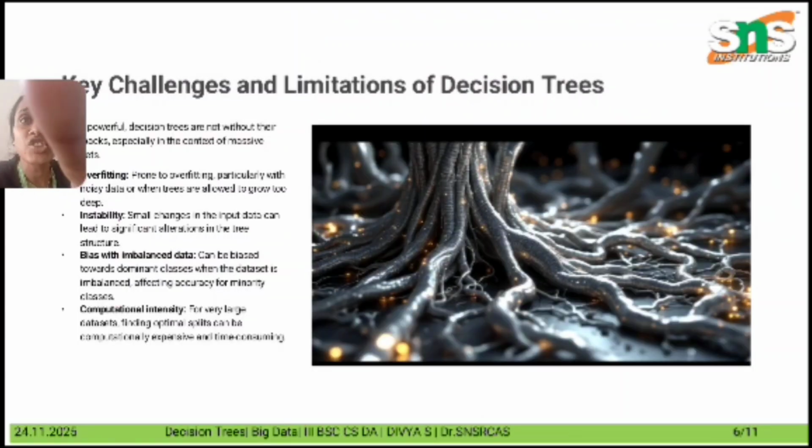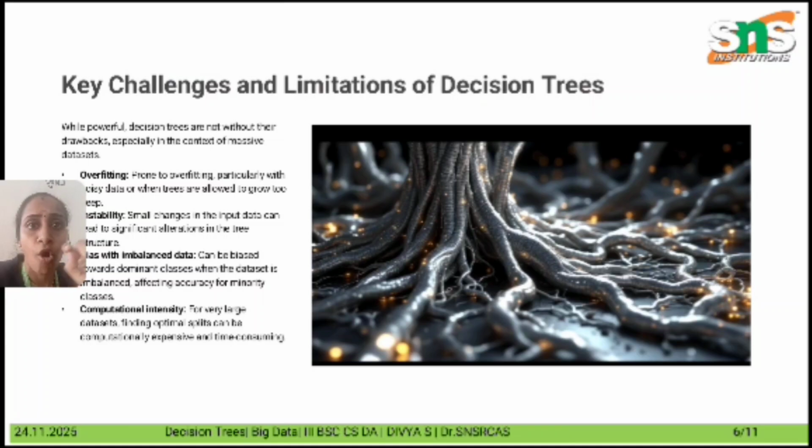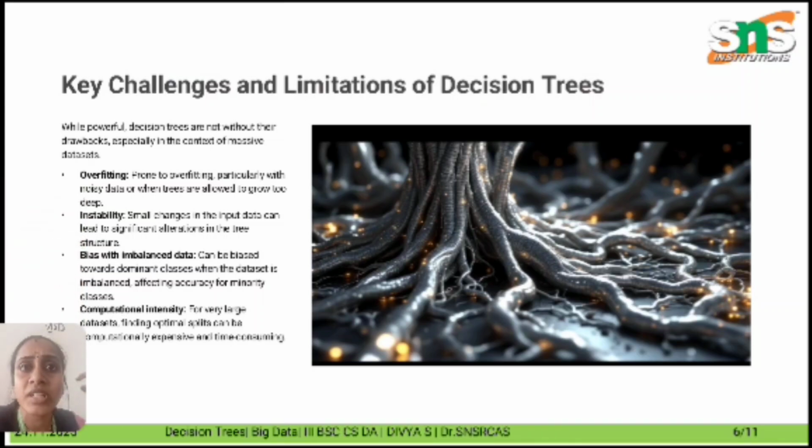So what are the key challenges and limitations of decision trees? While powerful, decision trees are not without their drawbacks. They are prone to overfitting, particularly with noisy data, when the trees are allowed to grow too deep. In terms of stability, small changes in the input data can lead to a significant alteration in the tree structure.